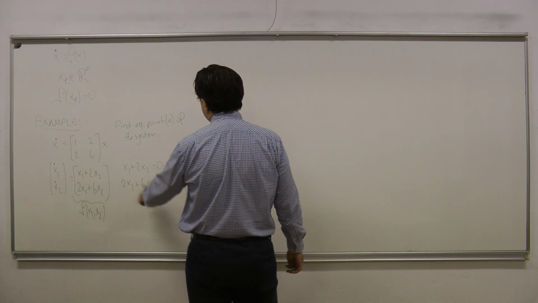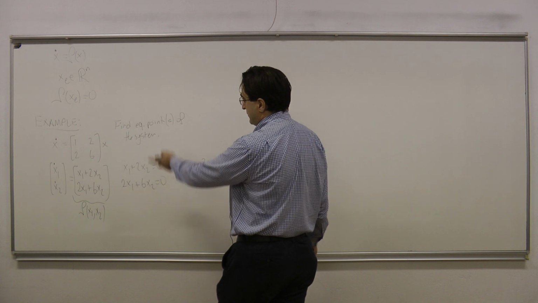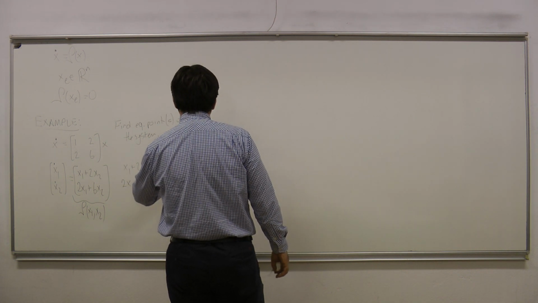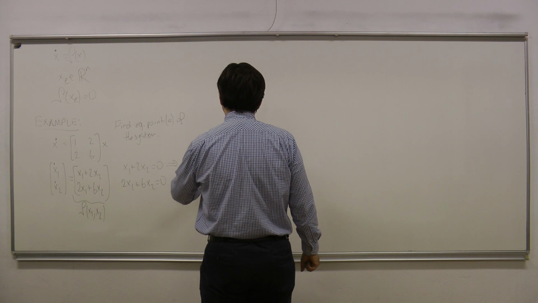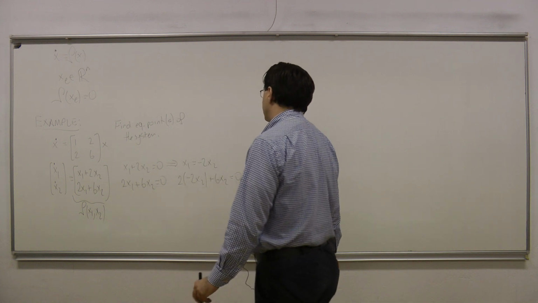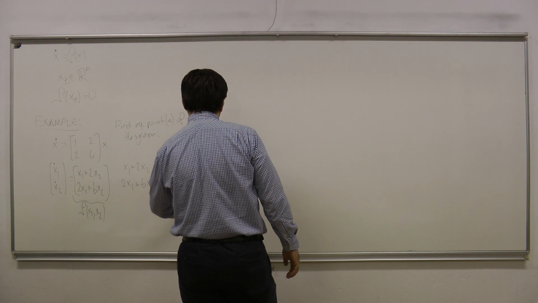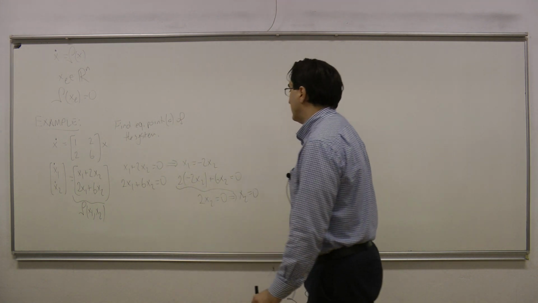If I substitute that into the second equation, then I need to have 2 times x1, which is minus 2x2, plus 6x2 equals 0. But this gives me just the equation 2x2 equals 0, meaning that x2 should be equal to 0.